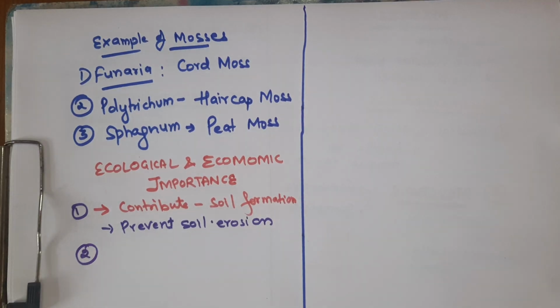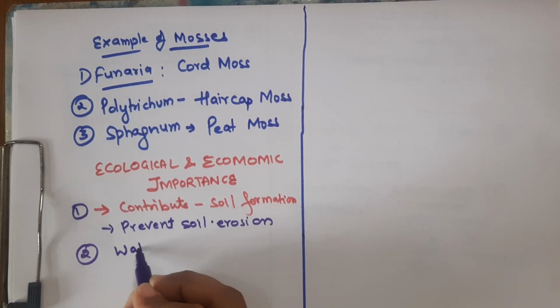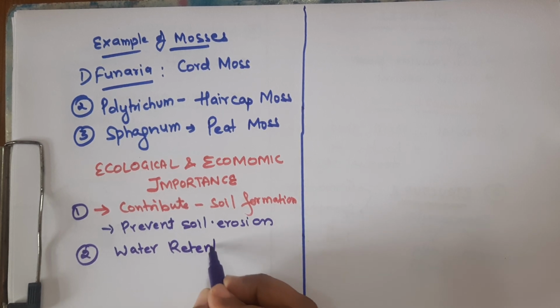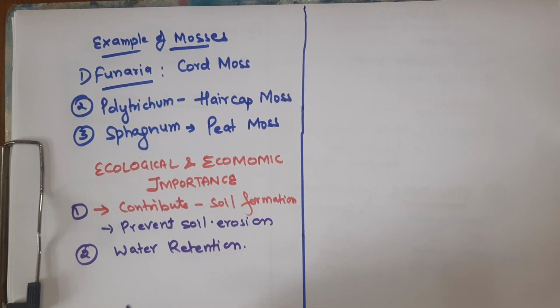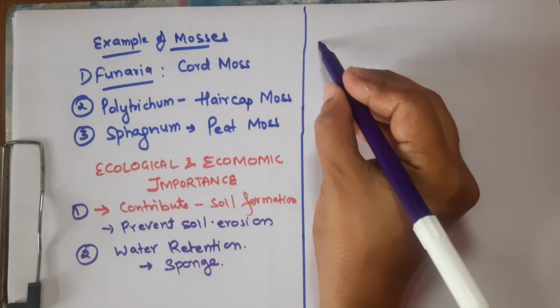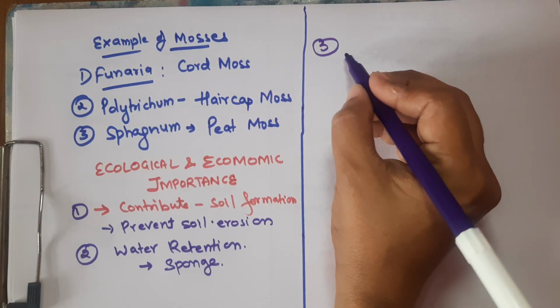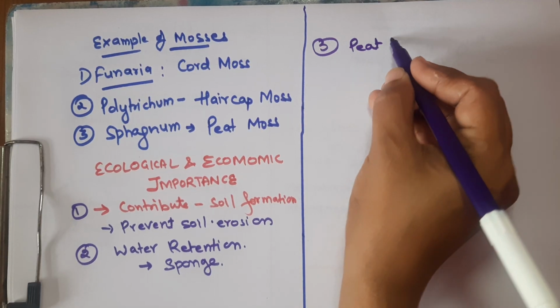Like liverworts, they also have high water retention capability, and since they have this capability, they act as sponges for maintaining ecosystem moisture.